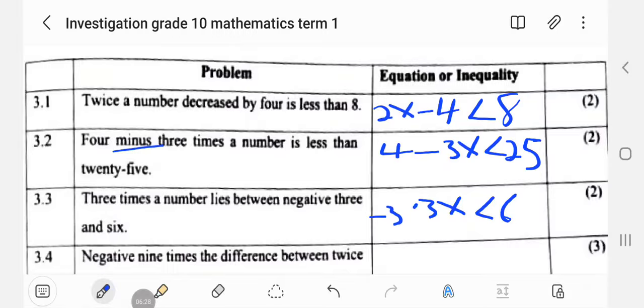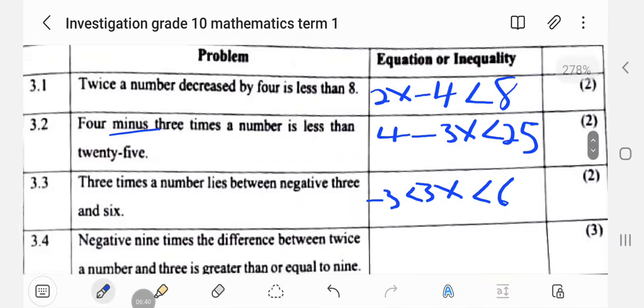So we write it like that. Minus 3 at the start and then 6, which is positive, at the end. And then 3 times a number is 3x between.